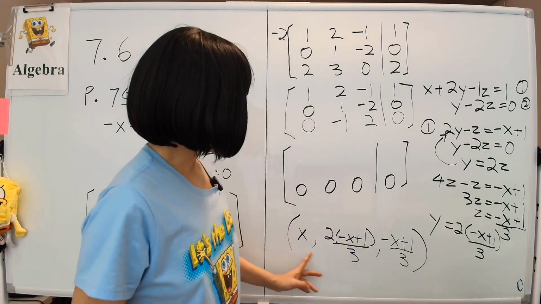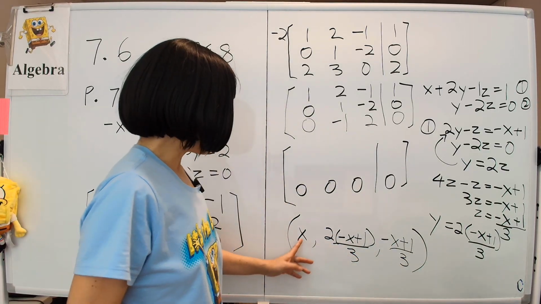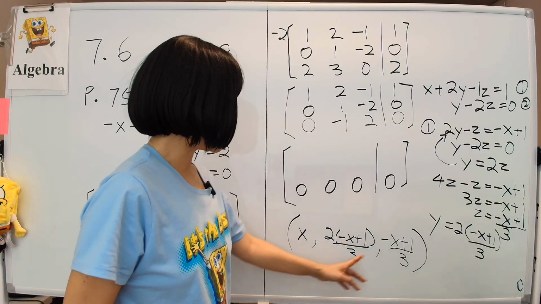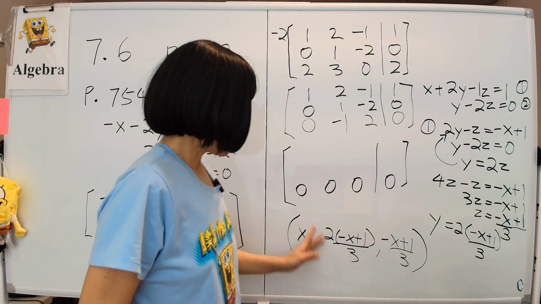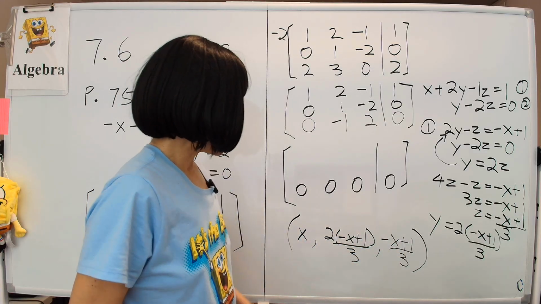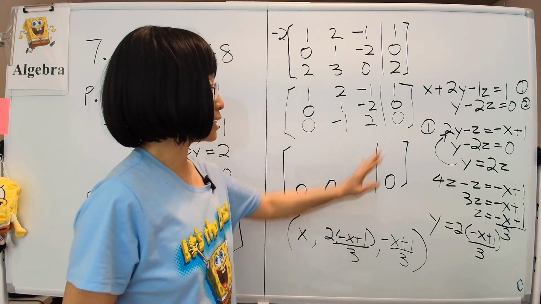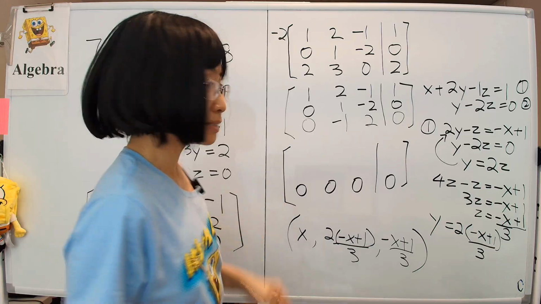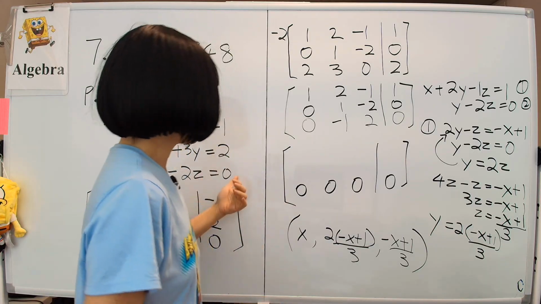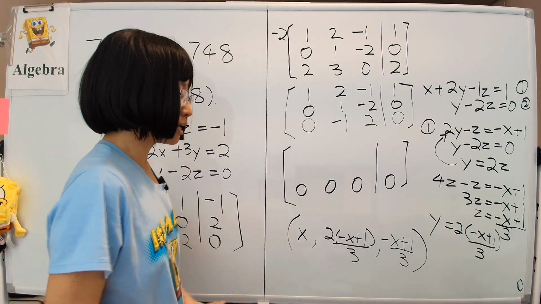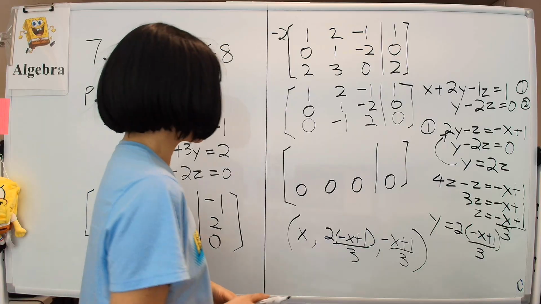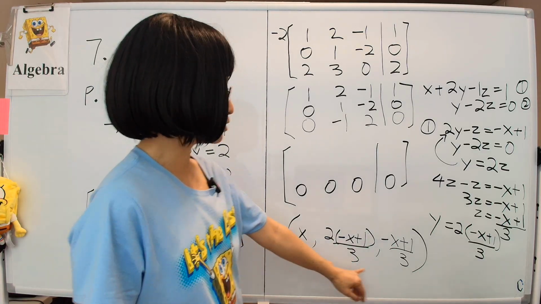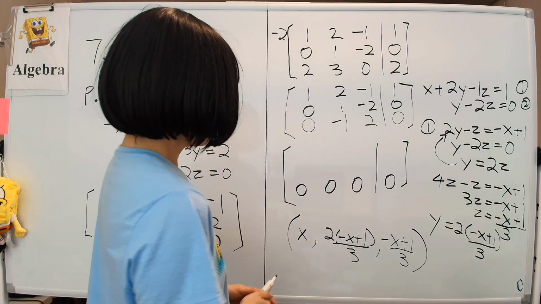That means any value you pick for x, and you plug it in, will give you 3 numbers, right? Once you do the calculations, those 3 points will satisfy the original 3 equations, because the equations are dependent, which means there are infinite number of solutions to it, but all the solutions have to follow this rule. All right.